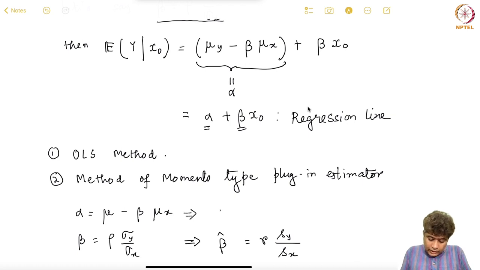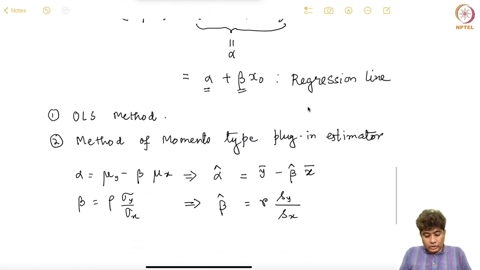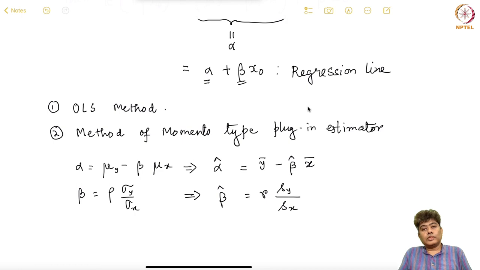Similarly, I can calculate alpha hat as y bar minus beta hat x bar, since mu y is estimated by y bar. These are the plug-in estimates that we can use to estimate alpha and beta. This works very nicely for at least a simple linear regression model with one x and one y, and it is like an off-the-shelf estimator.